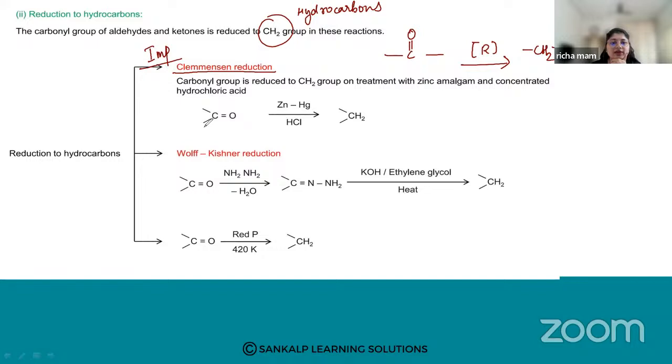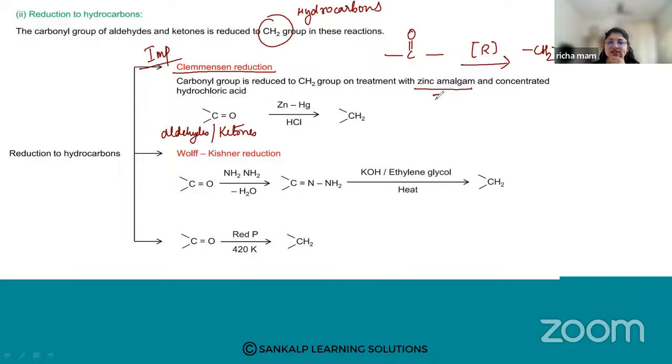Just see, aldehydes or ketones, both can be taken. In this reaction we have taken generally a carbonyl group, so you can write here aldehydes or ketones. Both the aldehydes and ketones are treated with zinc amalgam.